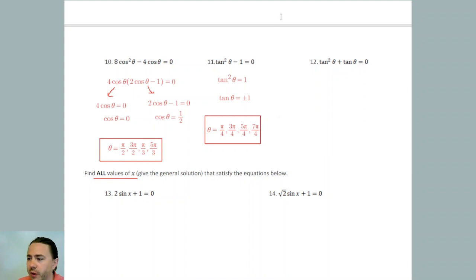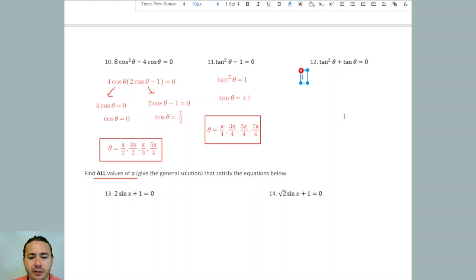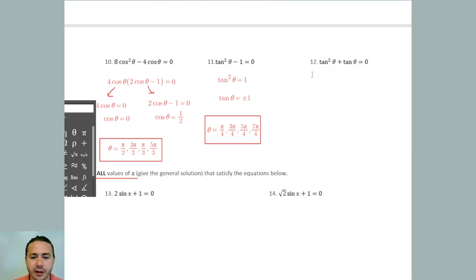Okay, so for number 12, we're going to solve it similarly to how we solved number 10, where we factor out a greatest common factor. In this case, our greatest common factor is going to be tangent theta. So we're going to say tangent theta times tangent theta plus 1 equals 0.